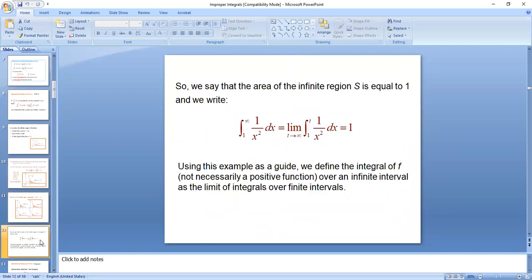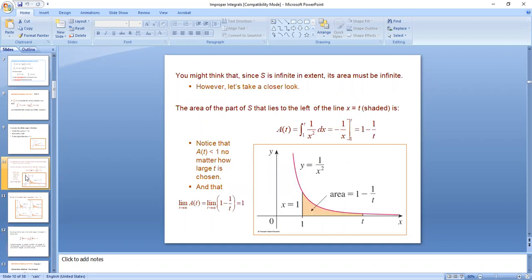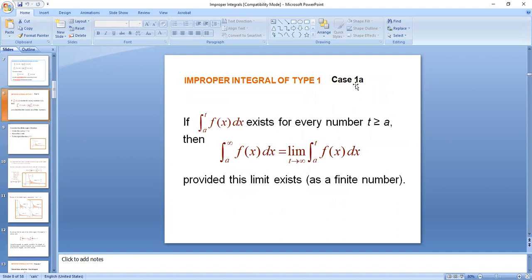As such, we say that this improper integral evaluated in this manner has an integral value equal to 1. And this one is an example of case 1, so it's placed here as case 1A or type 1A.